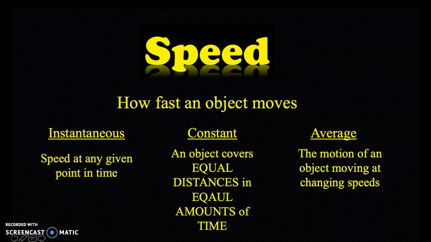You would check how long it took you to get from here to Carmel. Using those two measurements, you would be able to calculate your average speed from here to Carmel. So instantaneous, constant, and average are the three different types of speed. Again, our focus is going to be on average speed.